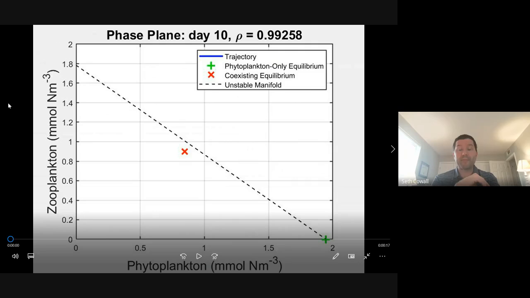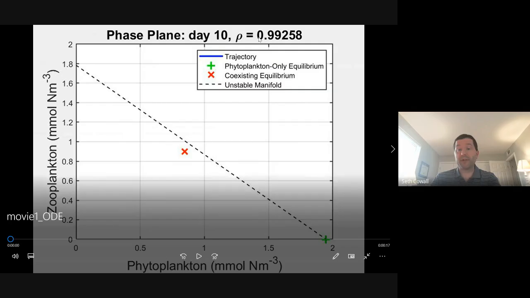I'm going to show you that in what I'll call an animated phase plane, where at the top here rho is going to change. It's starting near 1, with phytoplankton on the horizontal axis and zooplankton on the vertical axis.